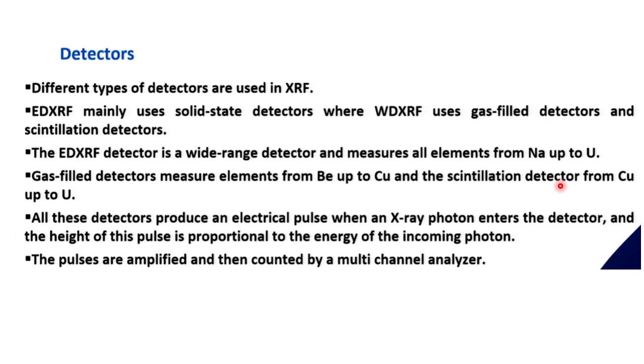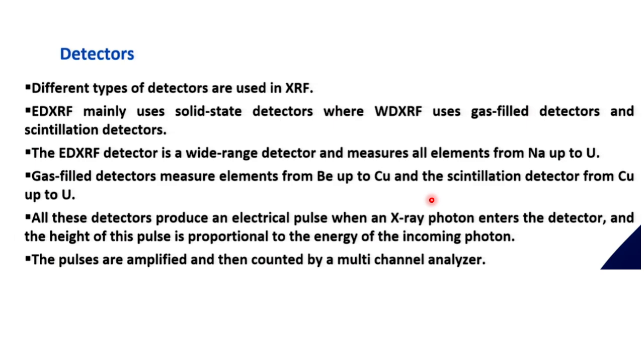Detector: we have already discussed the energy dispersive and wavelength dispersive XRF detectors. ED XRF mainly uses a solid state detector, whereas WD XRF uses a gas flow detector and a scintillation detector. The energy dispersive X-ray detector has a wide range to measure the various elements present in your matrix from sodium up to uranium, and the gas flow detector measures elements from beryllium to copper, and the scintillation detector from copper to uranium.